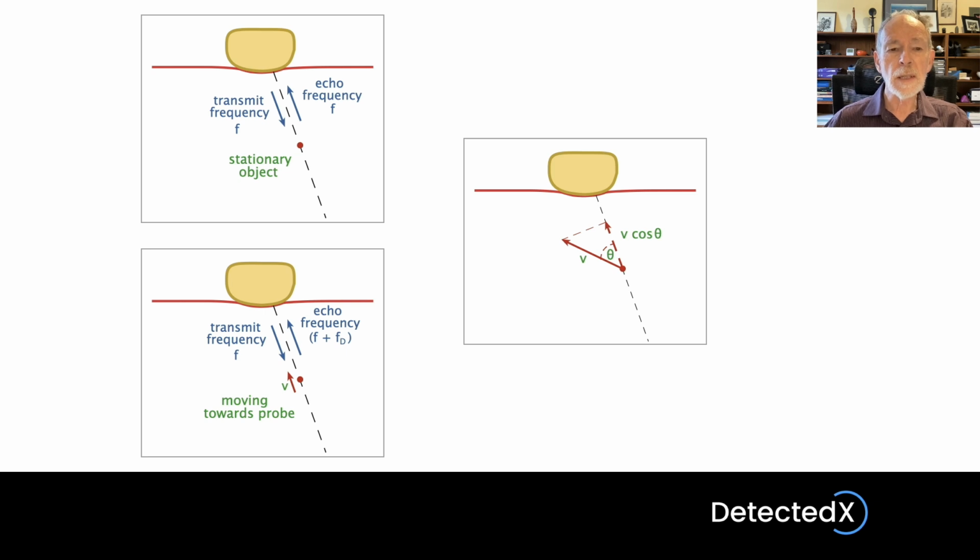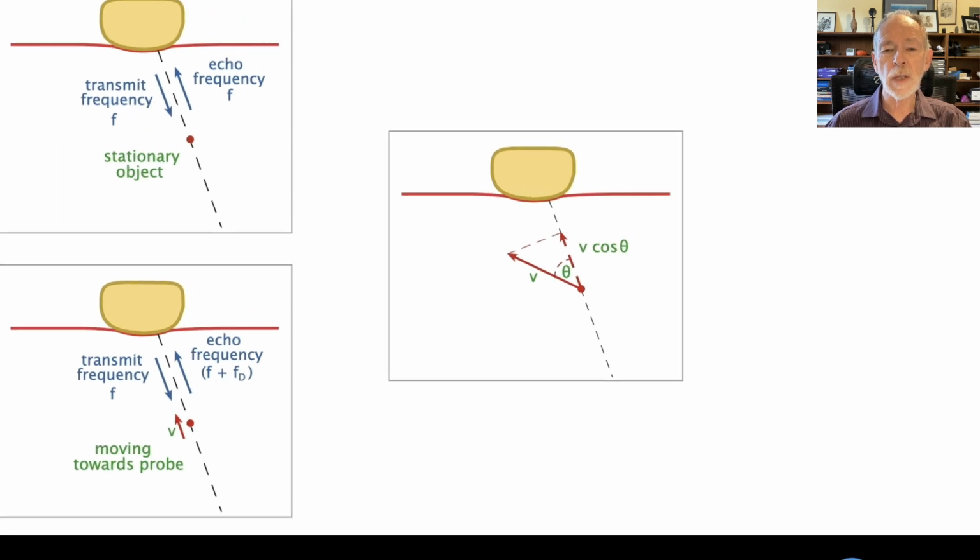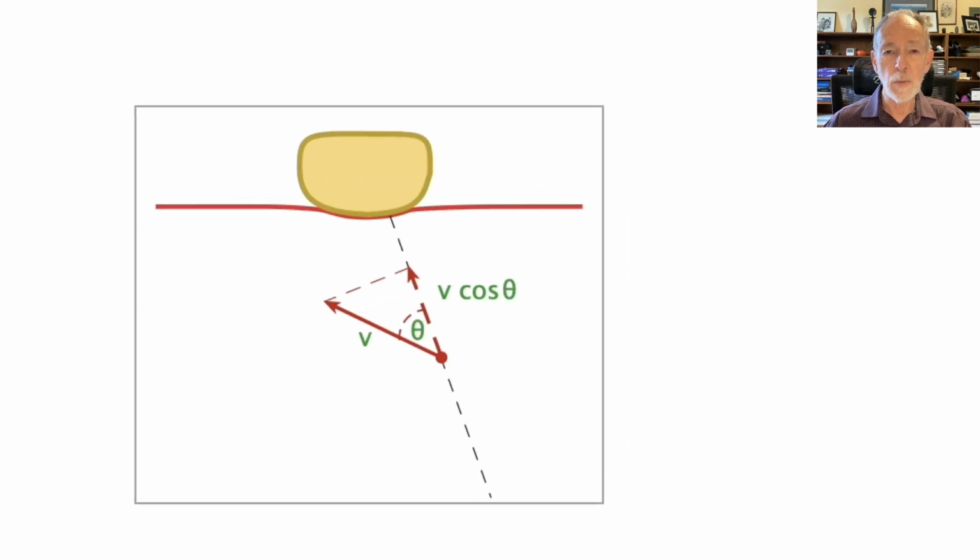Now, as I said, things become a little more complex when the motion is in some arbitrary direction, not directly towards the probe or directly away from the probe, and so that's what I'm showing in the right-hand side here. So we have an object, let's say it's a red cell in blood, moving in the direction I've indicated with the arrow labelled V. Now, the Doppler shift is determined by how quickly that is moving towards the probe.